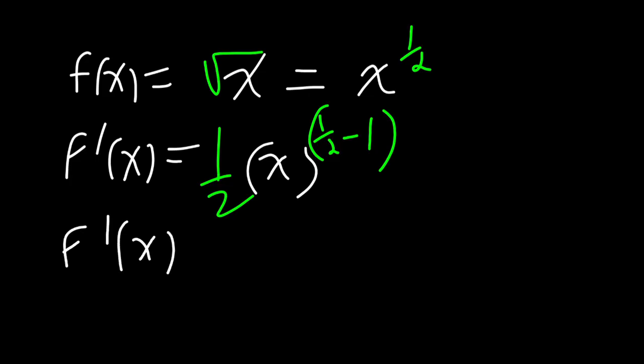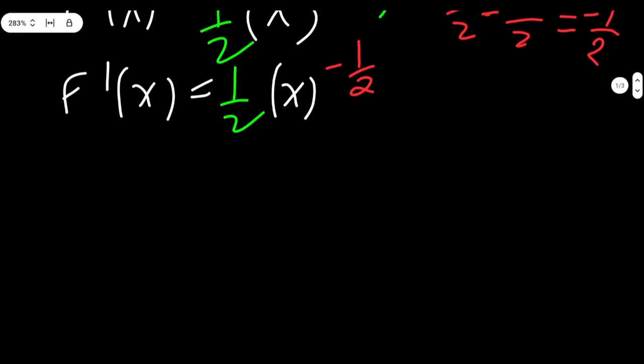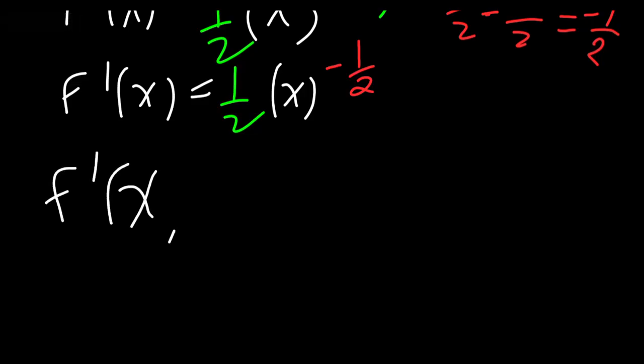This is tricky. 1/2 x to the, let's do it over on the side, 1/2 minus 2 over 2 equals negative 1/2. Yes, negative 1/2. Now, on your test, you're going to have to simplify it even more. And this is where it gets kind of tricky, especially when you get into future derivatives where they're very big and long.